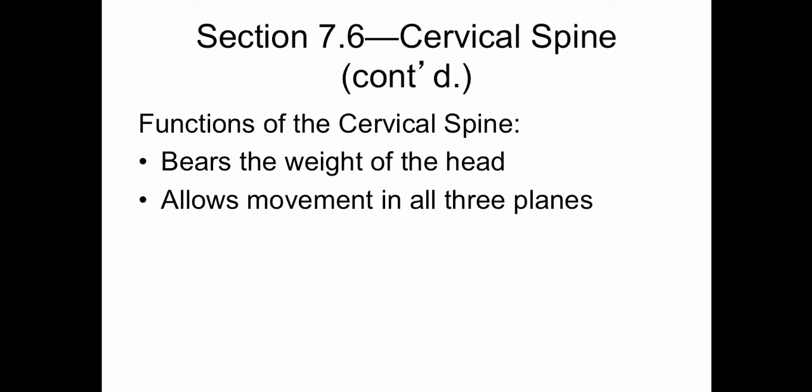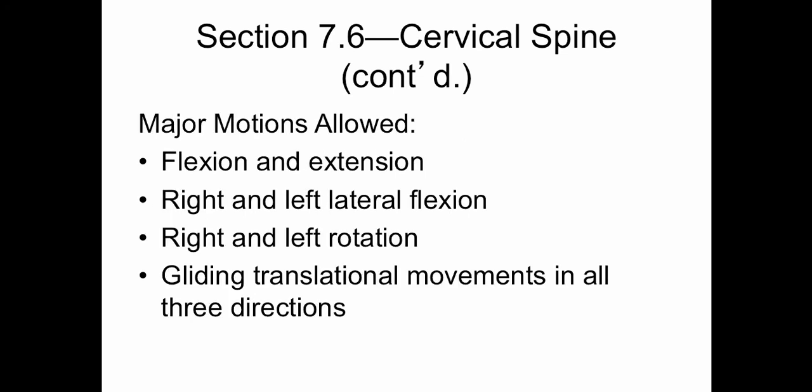The orientation of the cervical facet joints accounts for the impressive ability of the upper neck to rotate in the transverse plane. In the cervical spine, the major motions allowed are flexion and extension, right and left lateral flexion, right and left rotation, and gliding translational motions in all three directions.